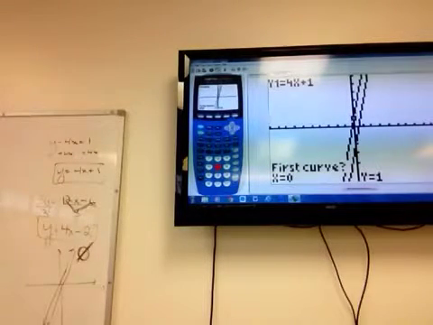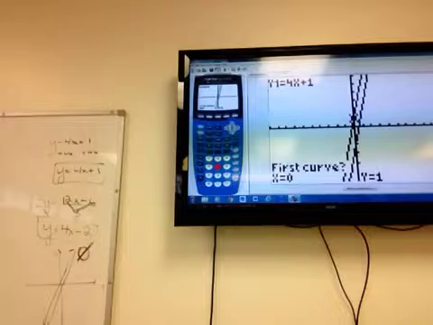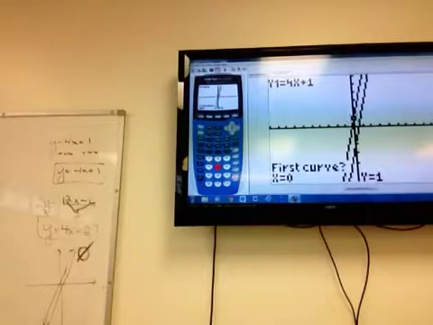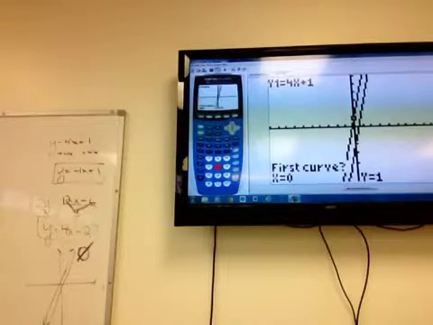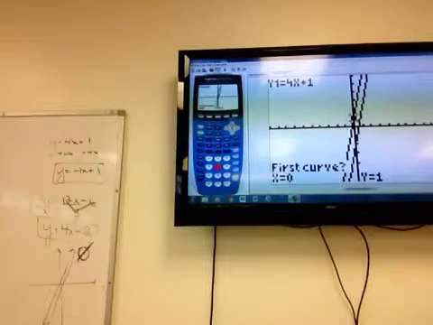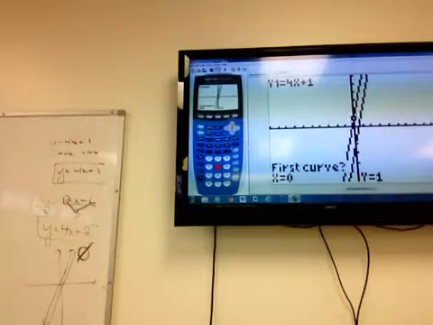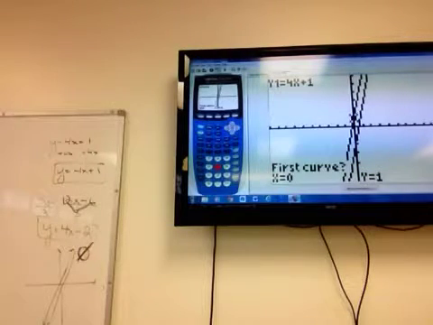Do second trace again. Number 5. And well, they're parallel, so they're not going to intersect.